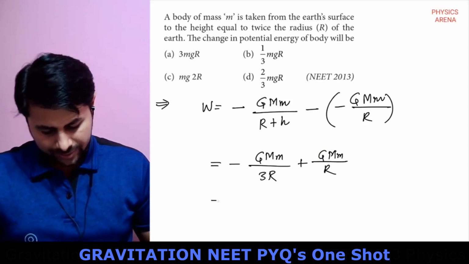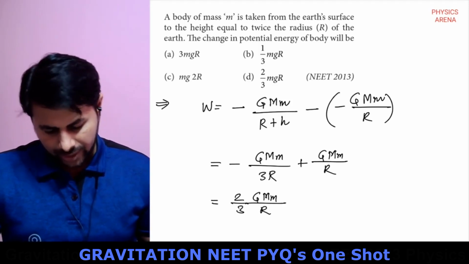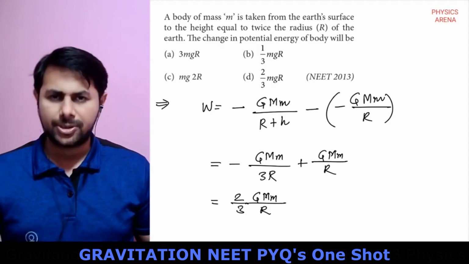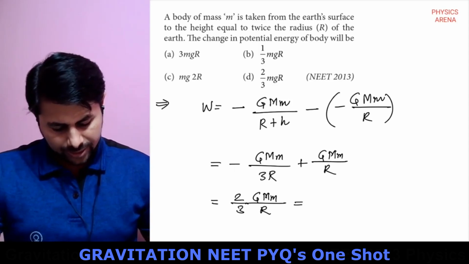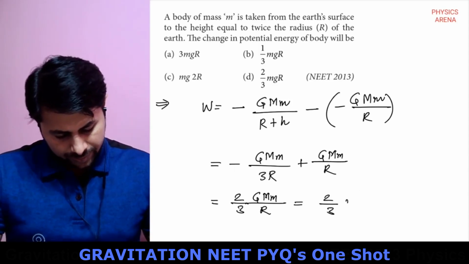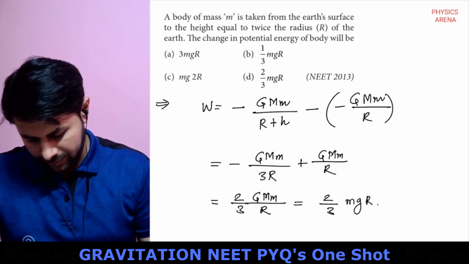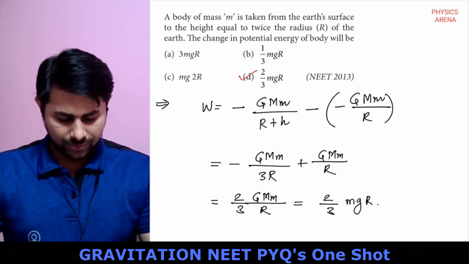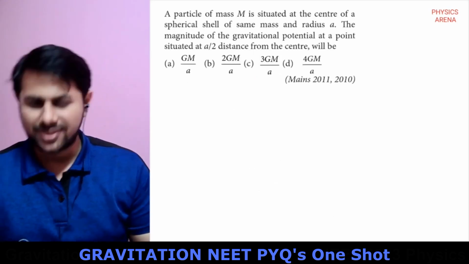So it is 2 by 3, right? So it is 2 by 3 GMm upon r. And then we can substitute GM equals gR squared. So then this will be equal to 2 by 3 multiplied by mgR. Right? Yeah.